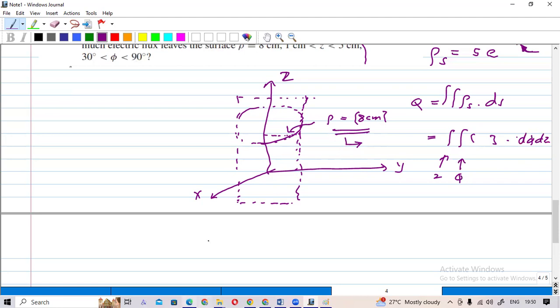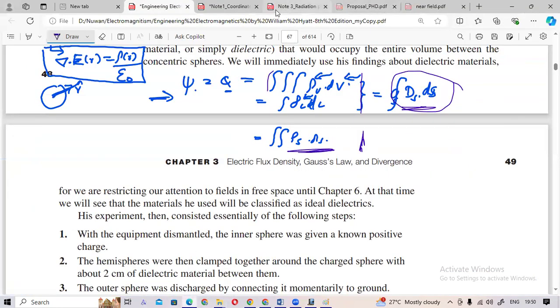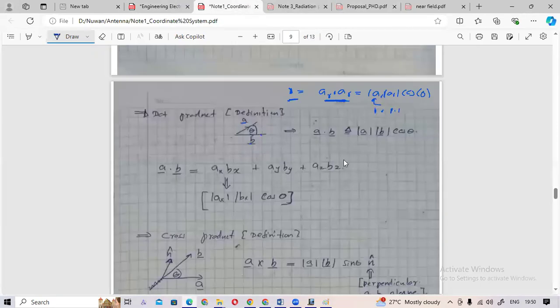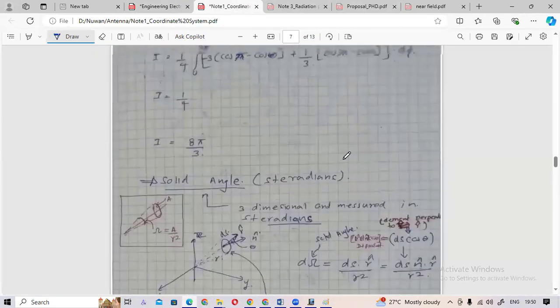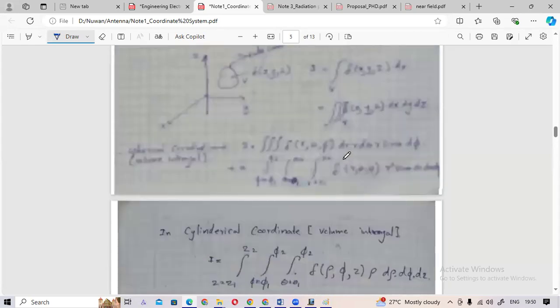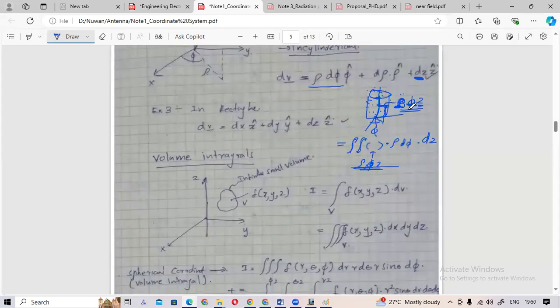I think I have explained it here, so let me give you a brief recap. If you need to do the surface integral with respect to a cylinder, you need to do the integration with respect to phi and z, not rho.